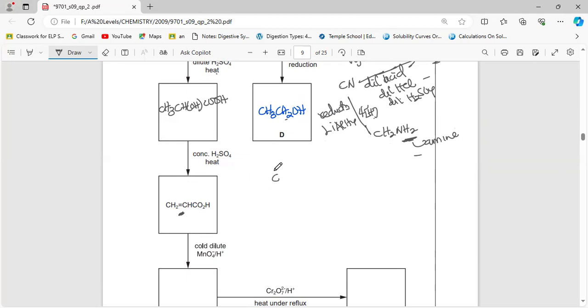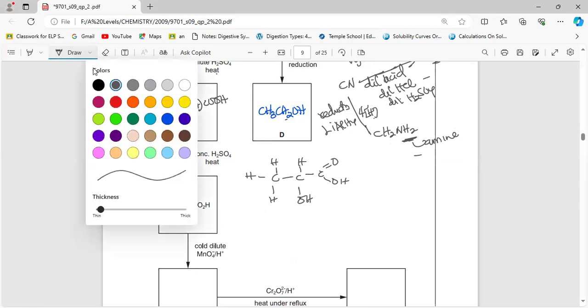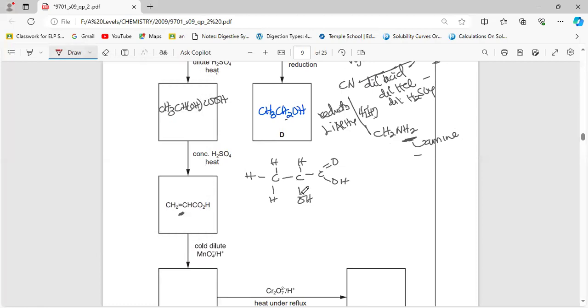So if I'm having CH3, I have CH, then I have CH here, then I have COOH. Looking at this place, my OH is here. Water is lost, that means OH is lost from here and hydrogen from here.